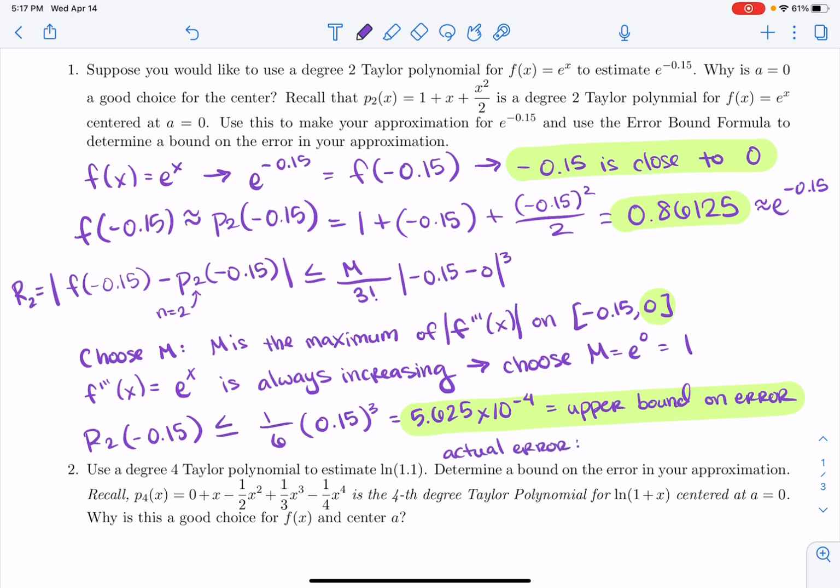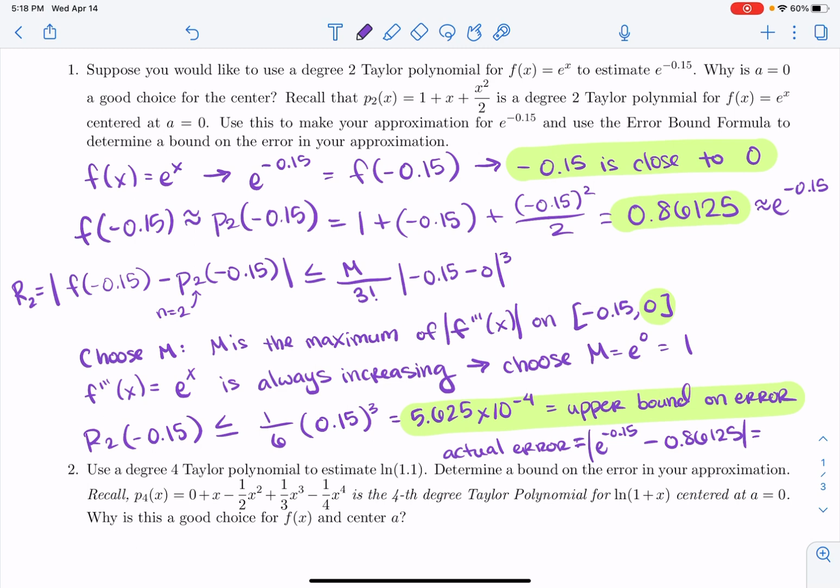If I plug in, let's see, this would be equal to e to the minus 0.15 minus 0.86125, which was my approximation, and I'll just put that in absolute values. Let's see.